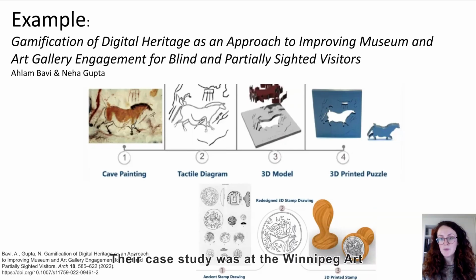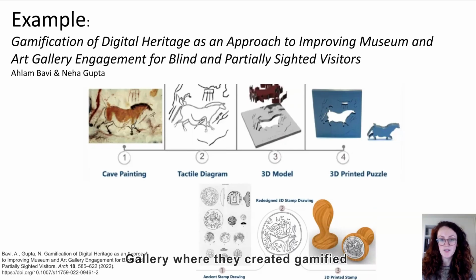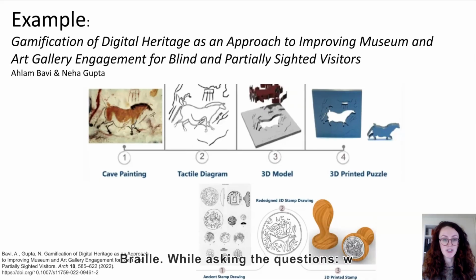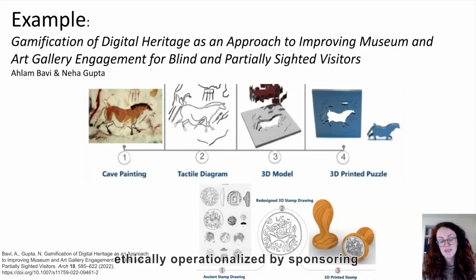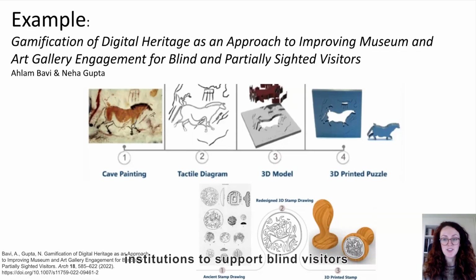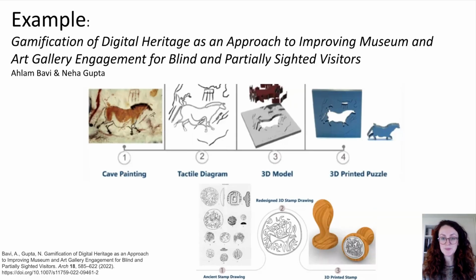Their case study was at the Winnipeg Art Gallery, where they created gamified models of original artworks with the inclusion of information written in Braille, while asking the questions: which gamified strategies would be beneficial for the blind community, how can this best be implemented, to whom would the resulting digital data belong, and how would such data be ethically operationalized by sponsoring institutions to support blind visitors from historically excluded communities.